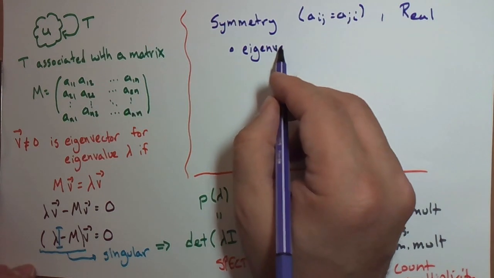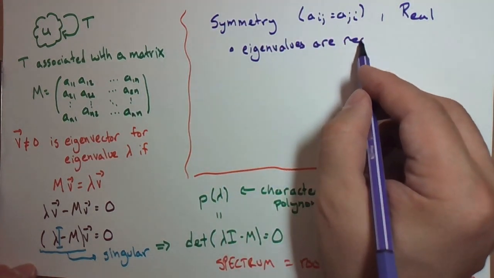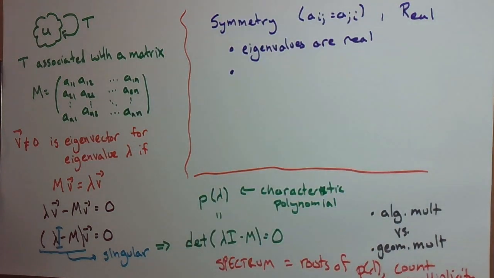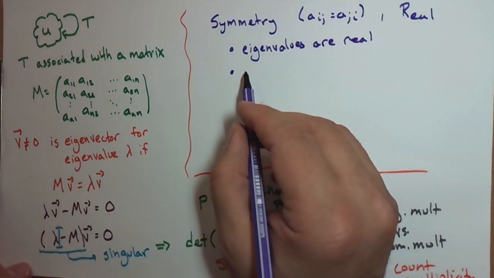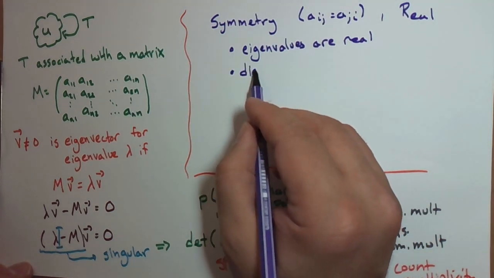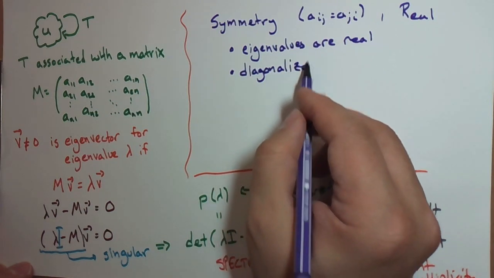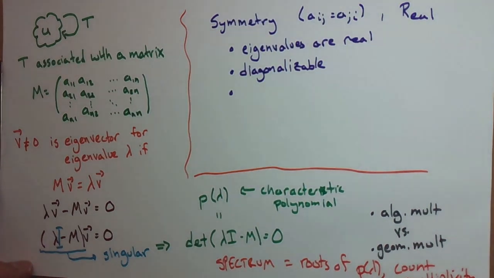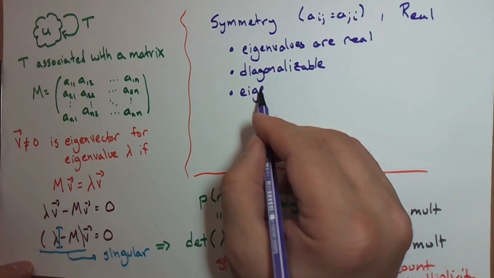Good. What else can we conclude? Diagonalizable. Okay, well, all right. It's diagonalizable. That's a true statement. What about eigenvectors? Can we conclude anything about those?